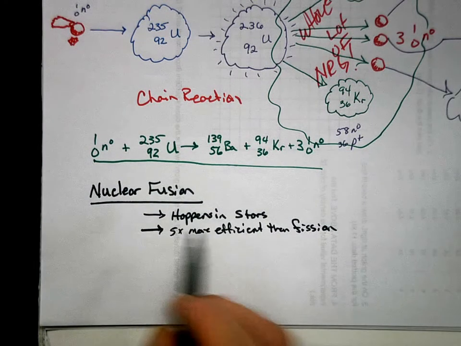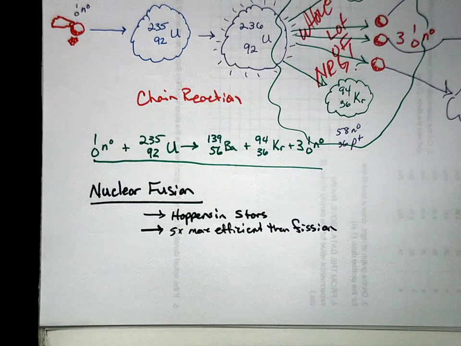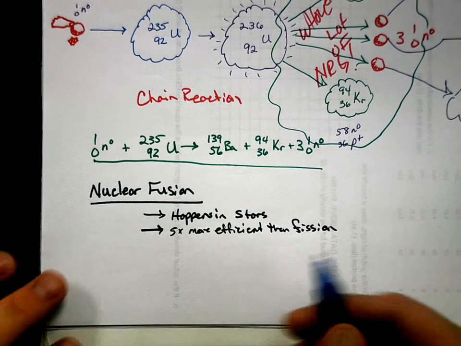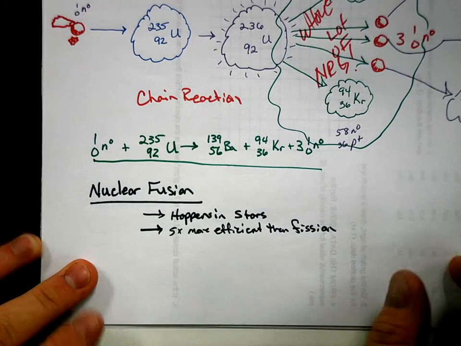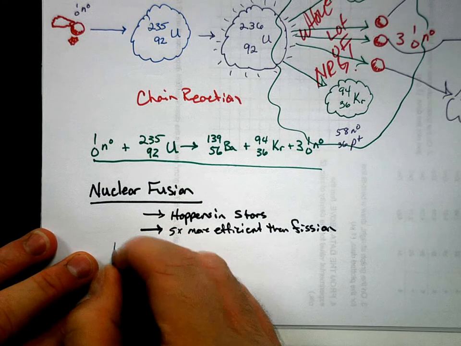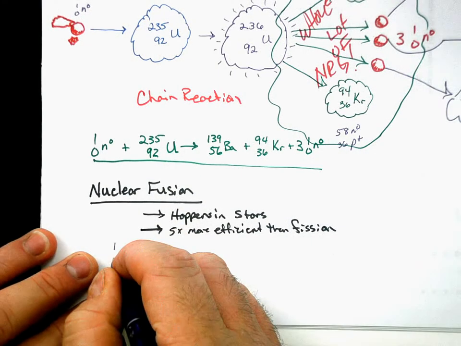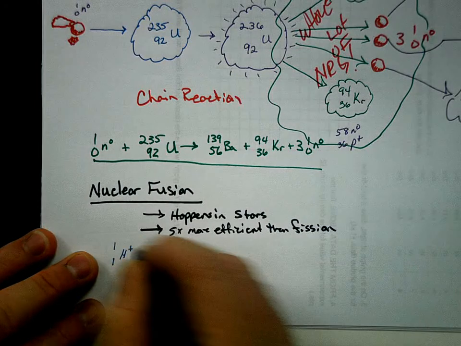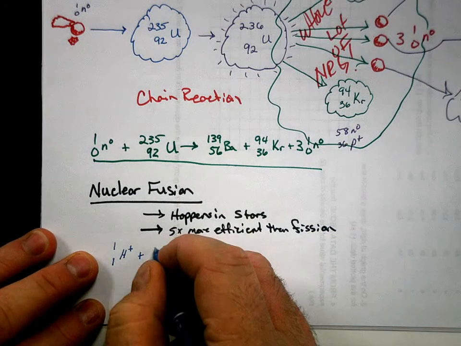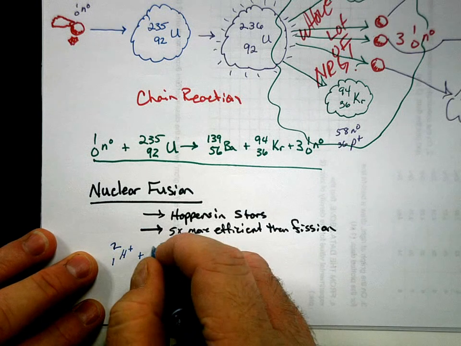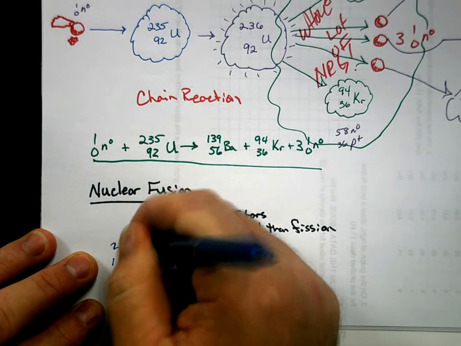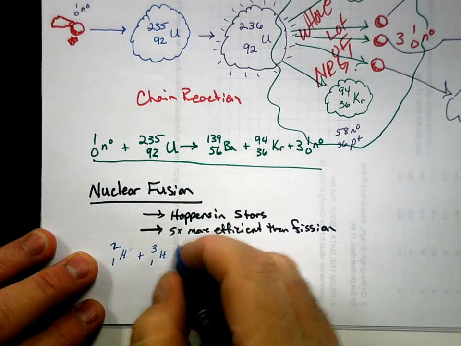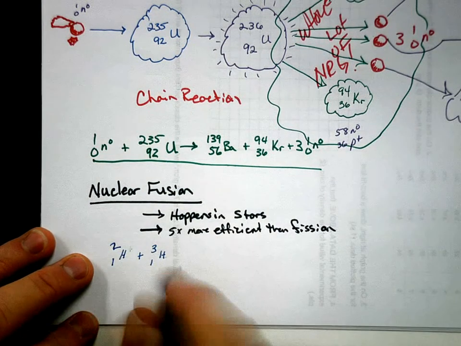Okay, so here's how it works. In the sun is a giant bag of gas. Okay, so we get a deuterium isotope.